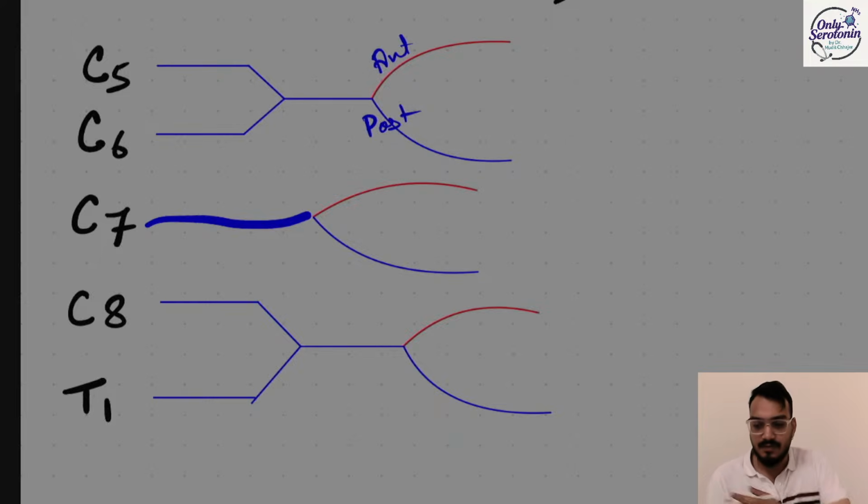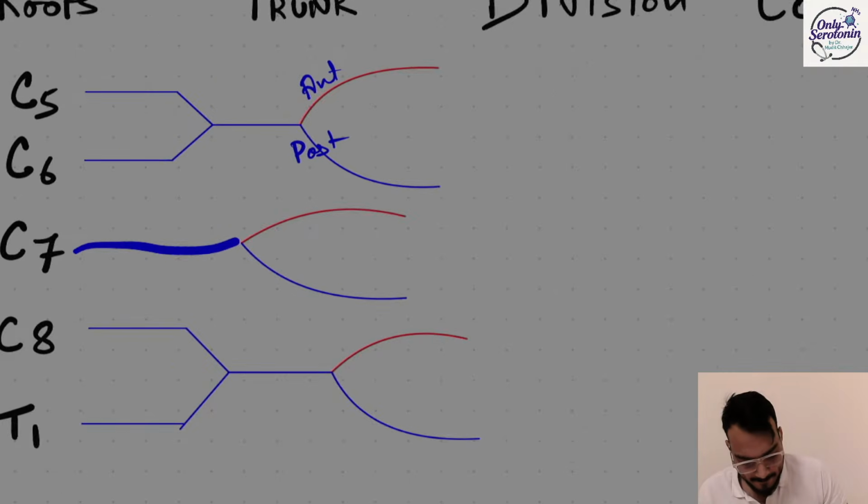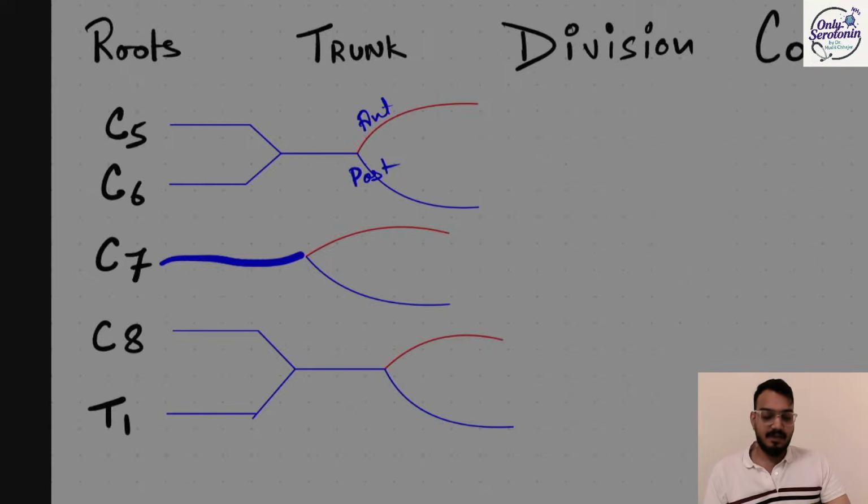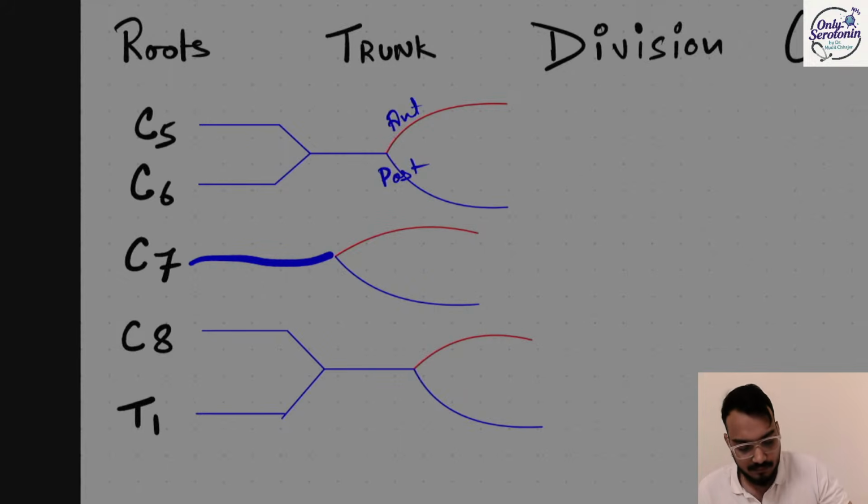Otherwise, there is no use of this. Everyone has two babies, an anterior baby and a posterior baby. Before that, this is my superior trunk, this is my medial trunk, and this is my inferior trunk, right?